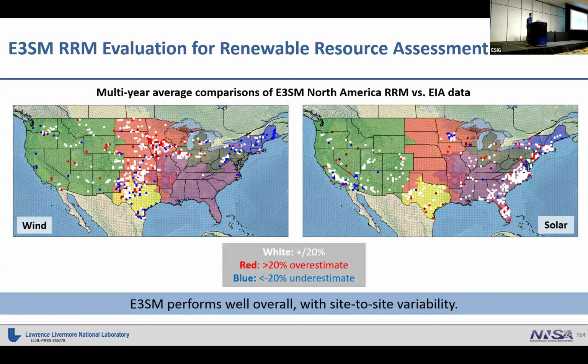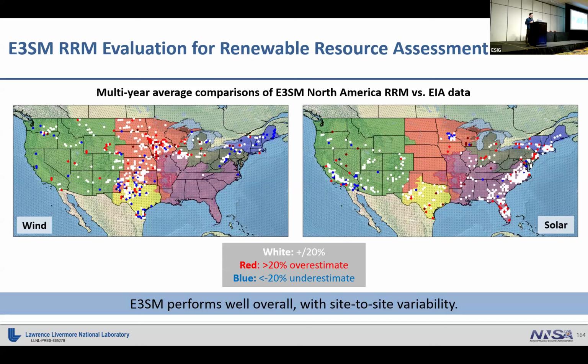So here I'm showing multi-year average comparisons of E3SM, the 25-kilometer North America model, versus EIA data for wind on the left and solar on the right. So each dot you see is an existing site, and they're colored by how well E3SM matches the EIA data.